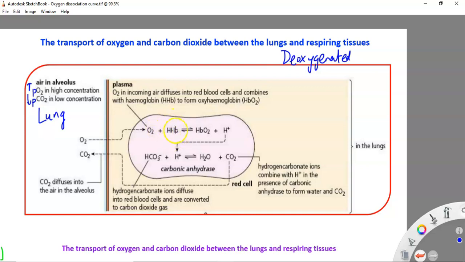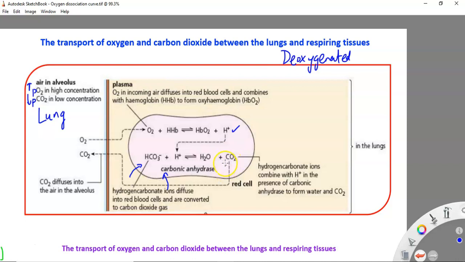So the oxygen combines with the hemoglobinic acid. That causes the hemoglobin to combine with oxygen and release the H+ ion. That H+ ion will combine with the hydrogen carbonate ion. The hydrogen carbonate ion diffuses from the plasma into the red blood cell, and we have our enzyme, carbonic anhydrase, which gets the hydrogen carbonate ion to combine with H+, giving you water and carbon dioxide.